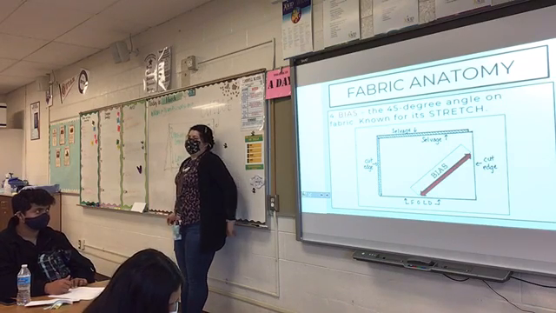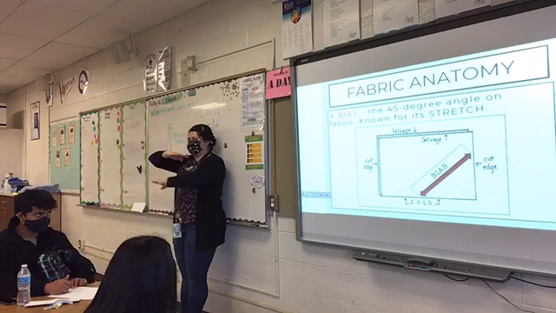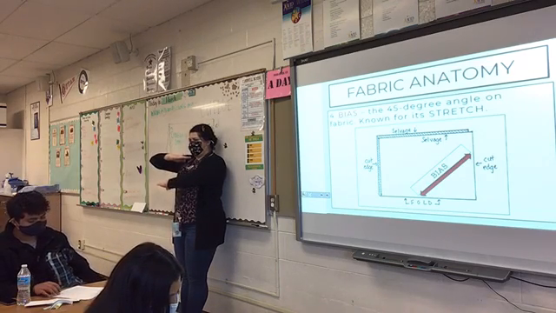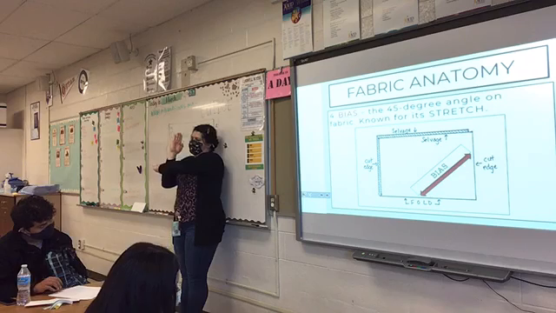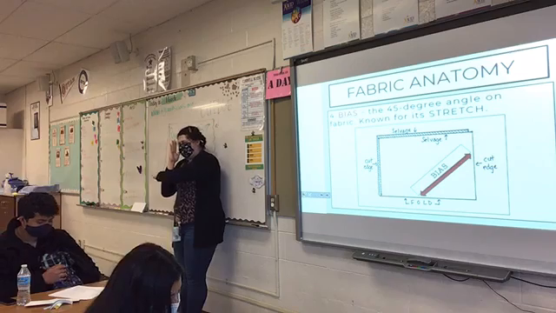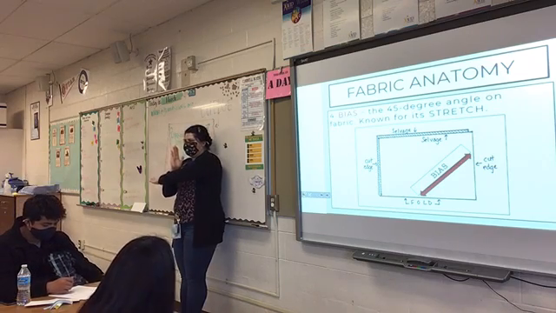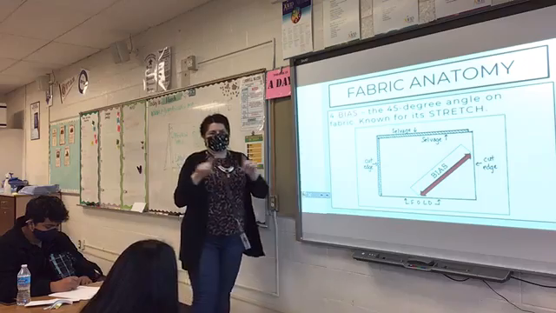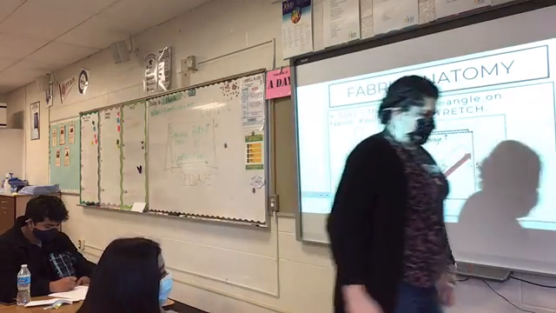So, we know that what is parallel to the selvage? Lengthwise. What is perpendicular to the selvage? The crosswise. The stretchiest part? The bias. The finished part? The selvage.